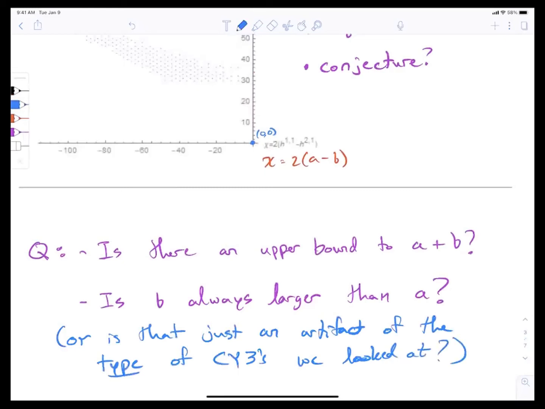But you can make a guess. And so, the next thing to do, for lack of a better idea, is just to start graphing more. Come up with other classes of Calabi-Yau threefolds, see what the A and the B look like.